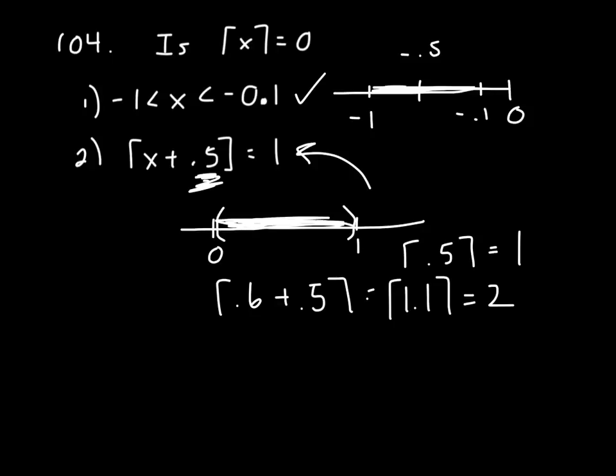Now, if you took, like, let x be 0.1. If you put 0.1 plus 0.5, that would give you 0.6, and the least integer, that would give you 1. But you have a contradiction here because you could get 2. So your answer is A.